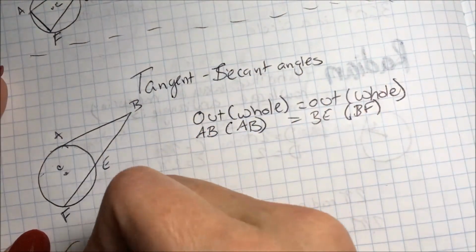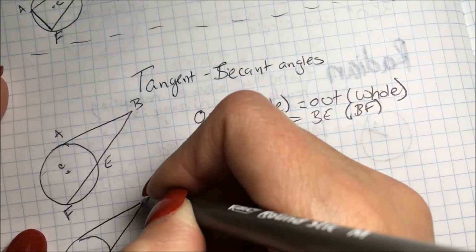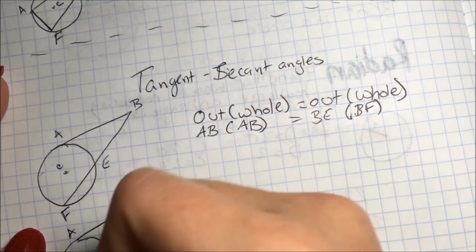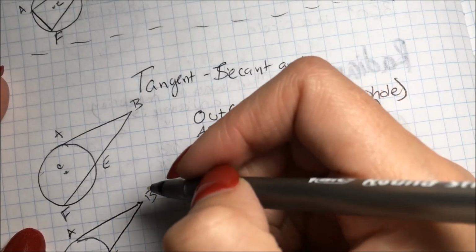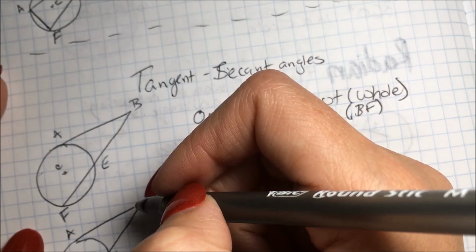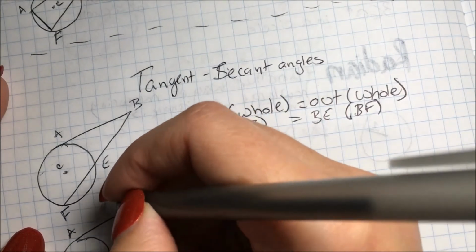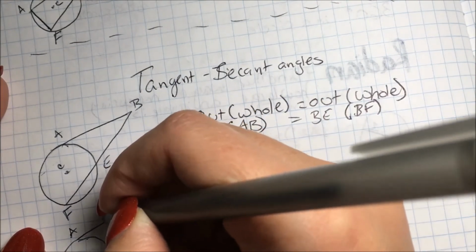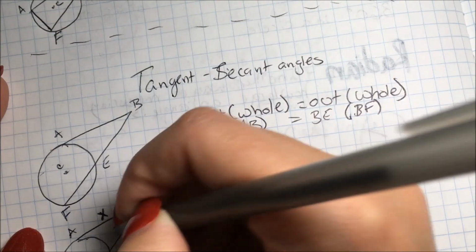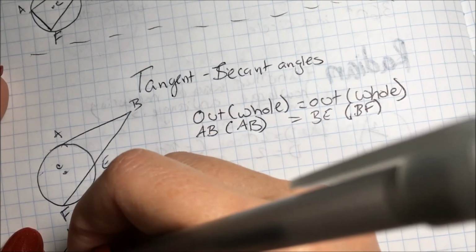Okay. So if I had an example of this, and I wanted to figure out, let's say I knew AB was X, BE is 3, and EF is 9.